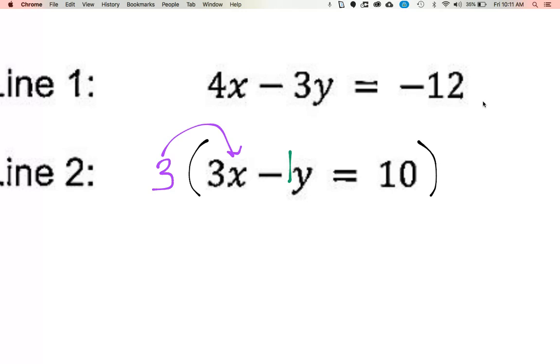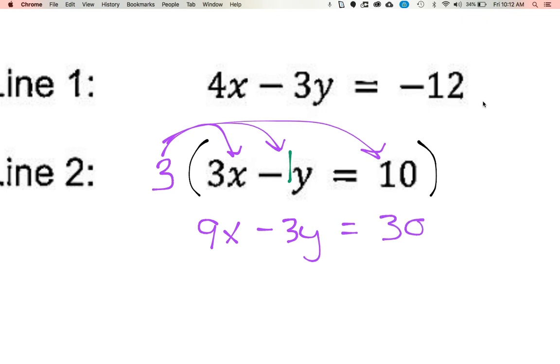But I just know multiplying through by negatives causes a lot of mistakes. So that's going to become 9x minus 3y equals 30. A mistake that happens here is don't forget we got to bring it all the way over to this side as well.